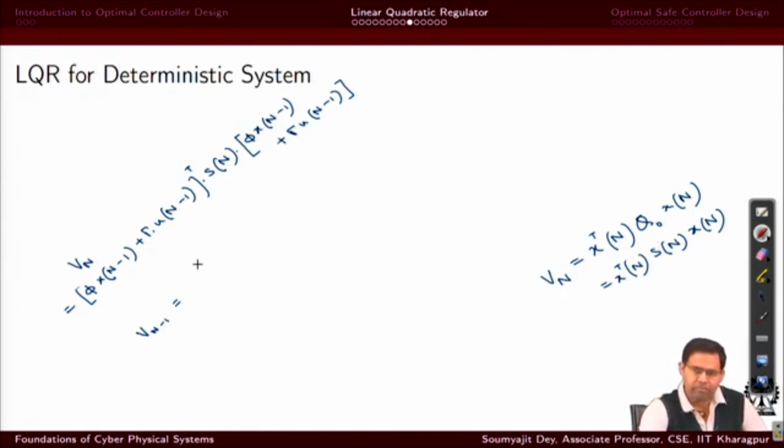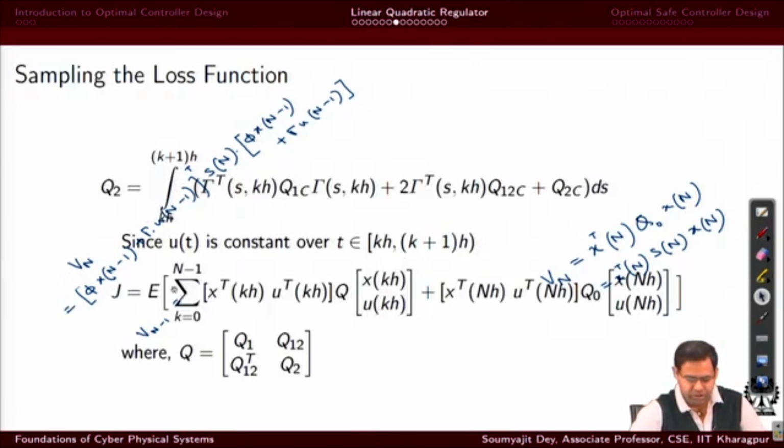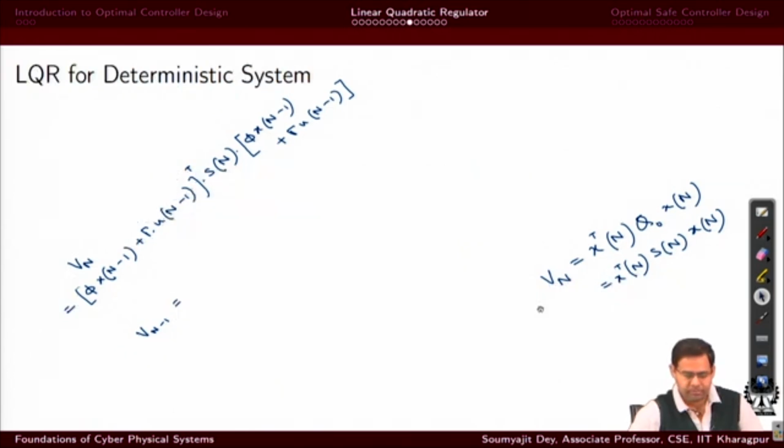So, if you remember the form of j, just to recall, j was something like this, that was a summation, right. So, we just have V n with this value, right. Now, let us write V n minus 1. V n minus 1 will have one term from here followed by the term for V n, right. So, let us see. It will just have the last element of the summation.